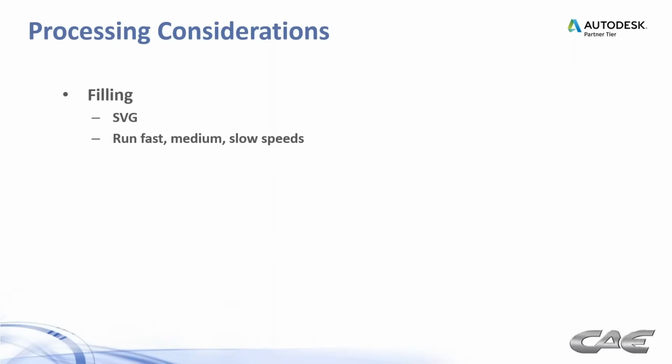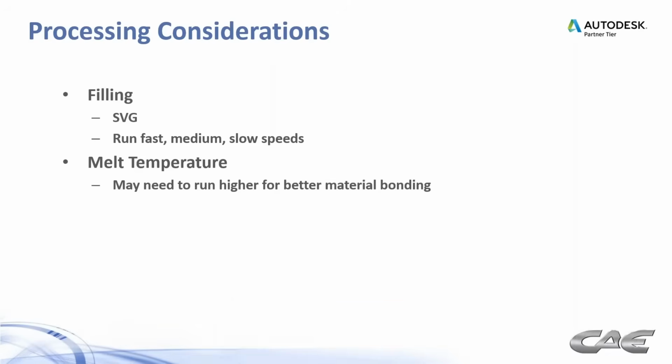Running different fill speeds, you've got to be paying attention to this. Sometimes that matters to make sure that the speeds that you're running are actually attainable by your molding machine. Melt temperature is something that you may need to be running a little bit higher for better material bonding sometimes, for example. And we can use the remelt zone plot in Moldflow to evaluate that.